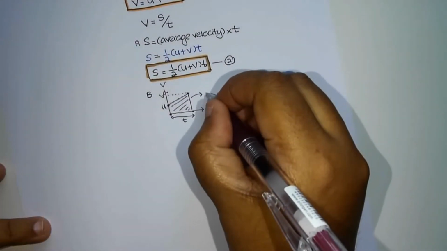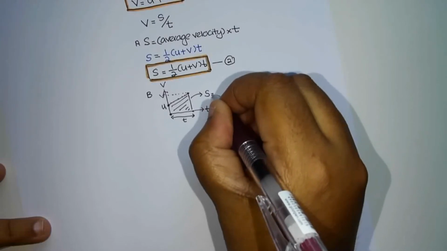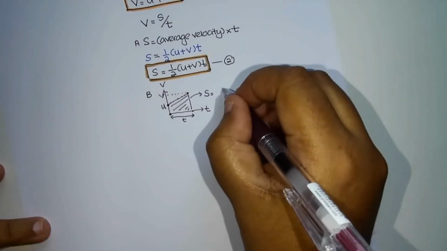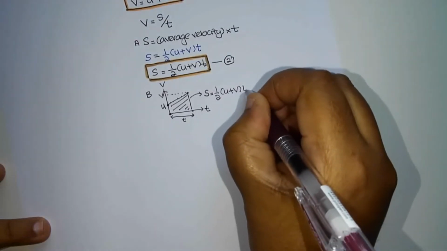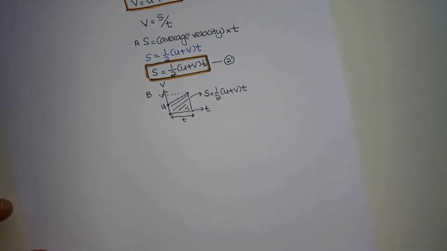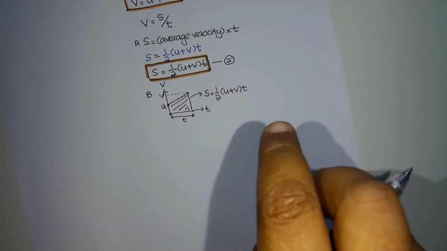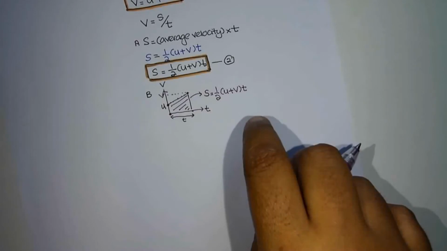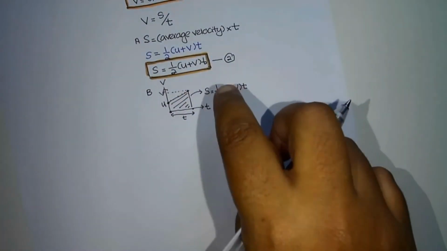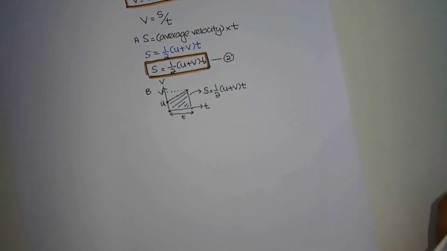So the area under the graph is s equals half of u plus v, times t. So you also can get it from the graphical method. Okay, and that's all from the concept.